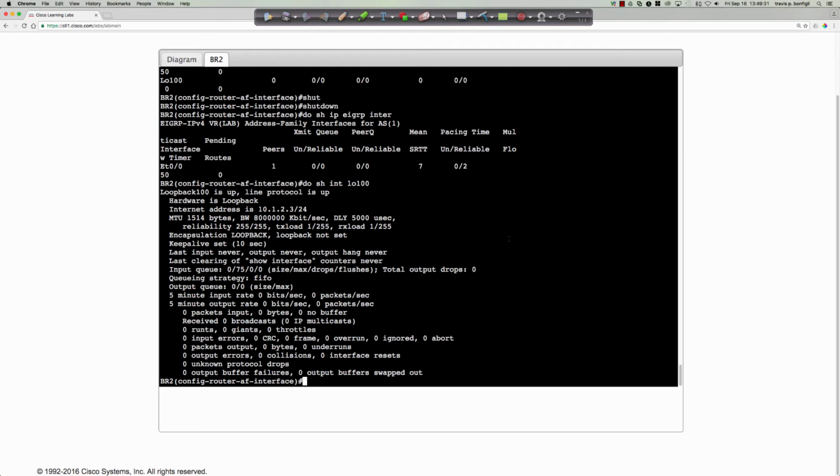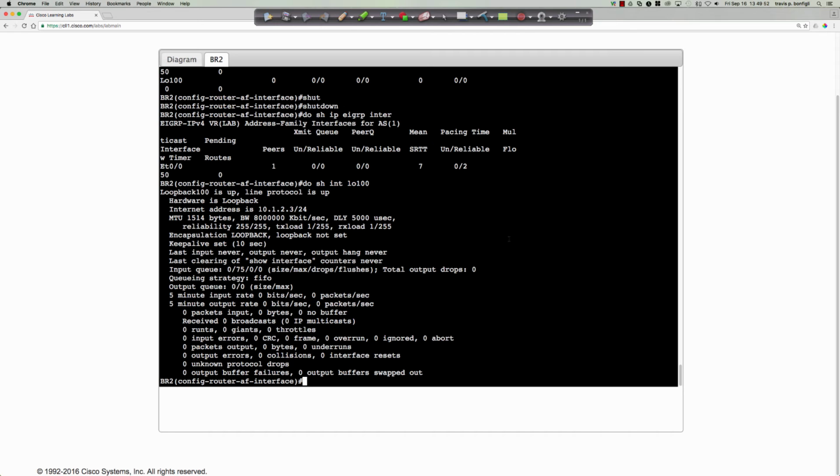In other words, it's not going to advertise it and it's not going to be sending hellos out the interface. It's different from the passive interface because passive simply stops the sending of the hellos and still advertises the interface. Shutdown literally wipes it out.